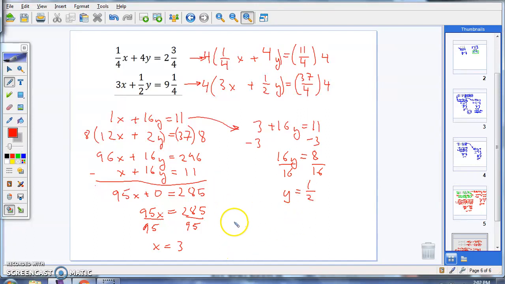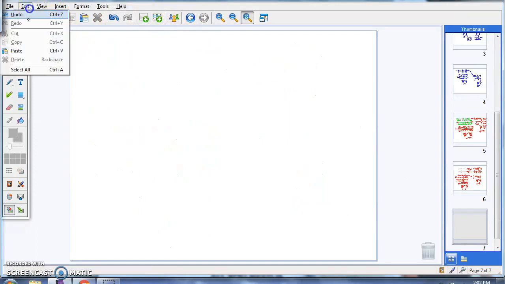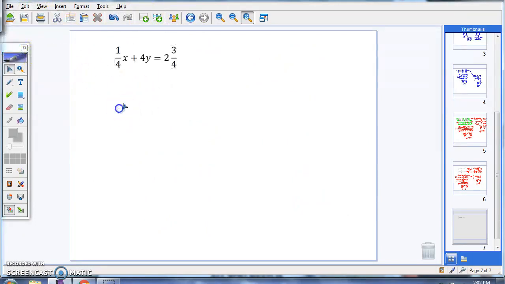Now, I want to show you how you check this, and you can do this with any elimination. I have my ordered pair, 3 and 1/2, and I'm going to select this, copy it, add another page and paste it. I know already that x is 3 and y is 1/2.